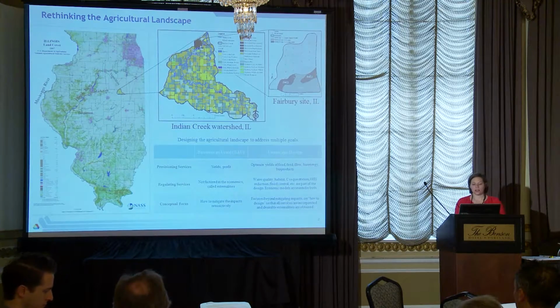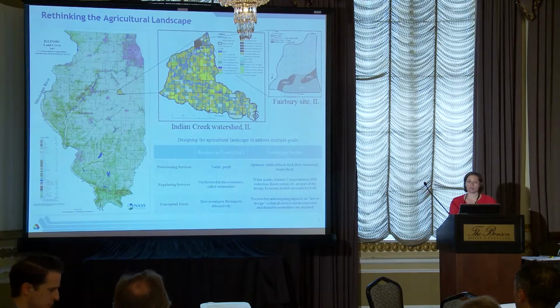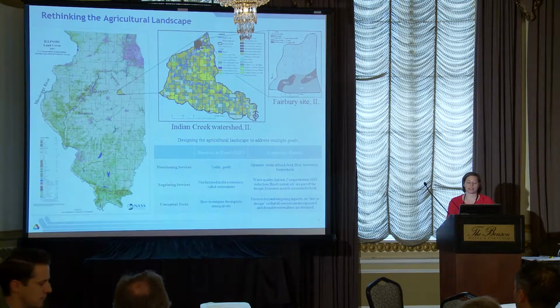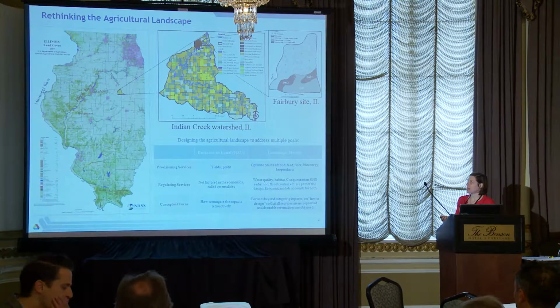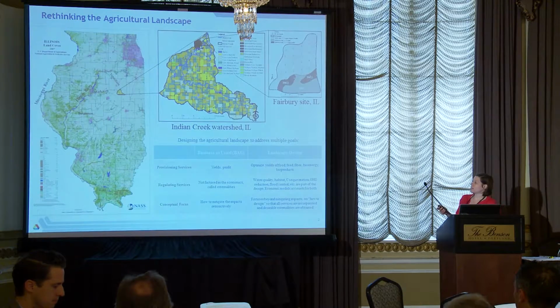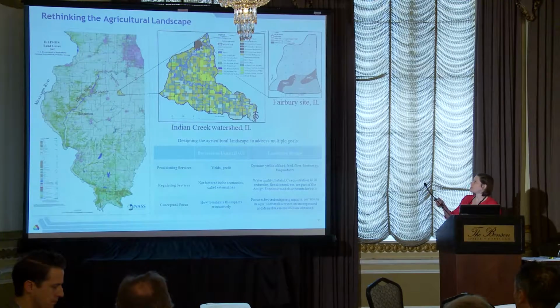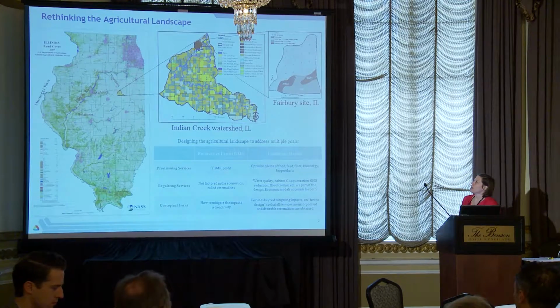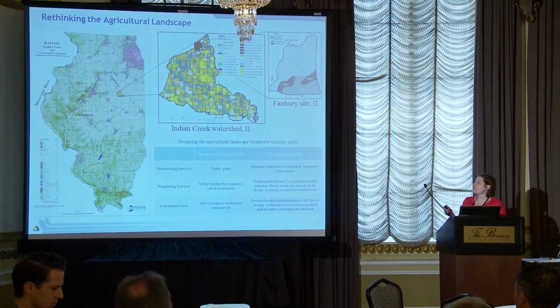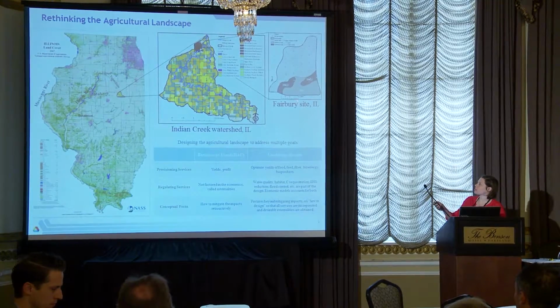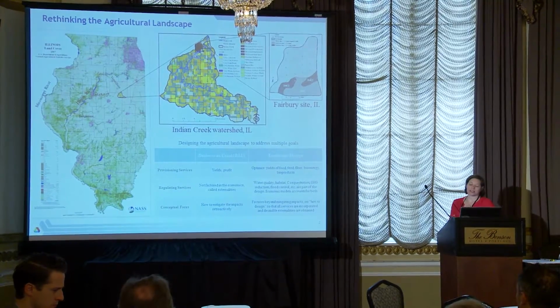But the key here is the strategic placement of these bioenergy cropping systems within the landscape at these multiple scales. So, for instance, if we look at our field site in Fairbury, Illinois here, we have this upland section of our field that is considered marginal.